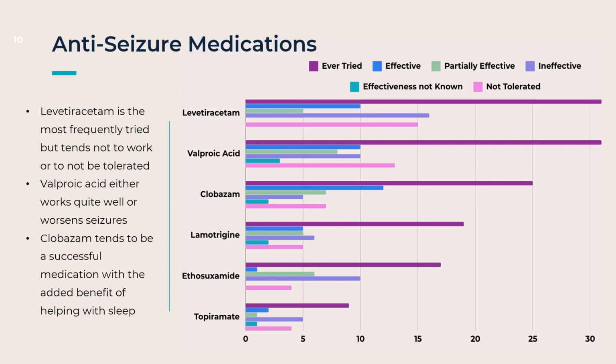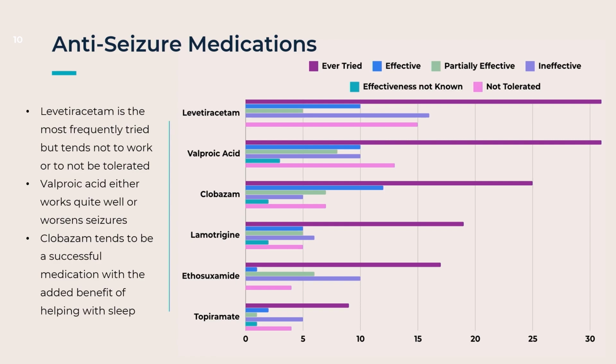It is effective in some, but for most, it's either ineffective or behavior side effects are too severe to continue that medication. Valproic acid works about as well as Keppra alone, but tends to do well in conjunction with something else. However, when it's not tolerated, it's often due to increasing seizures and increasing behavior concerns.